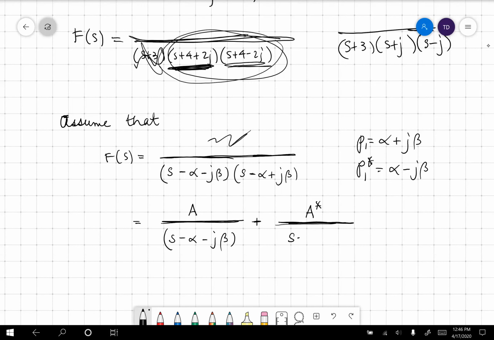What's the inverse of this term? Well, don't forget, if we have any constant K over s plus a, the inverse Laplace transform is K e to the minus a t.